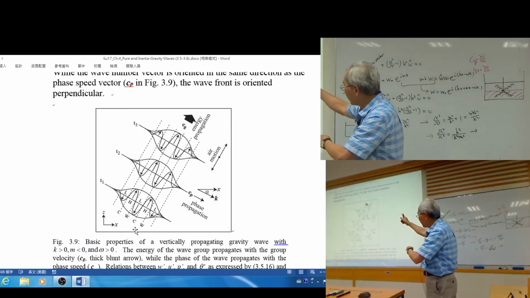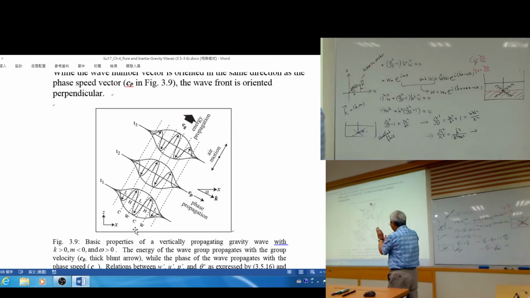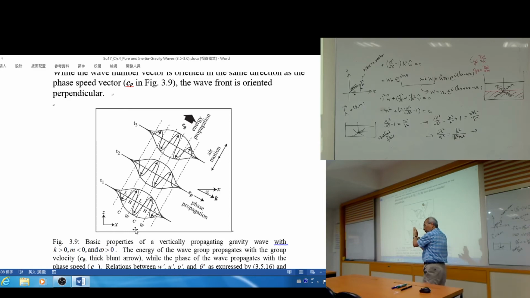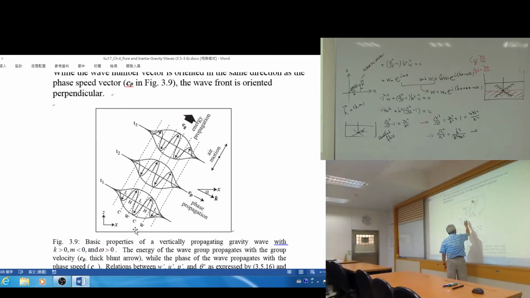You can calculate Cg and Cp, and you'll find Cg and Cp are perpendicular. So your Cg goes like this, and then the wave goes this way, energy goes this way, but the wave you see goes this way. It's a little bit difficult to understand.